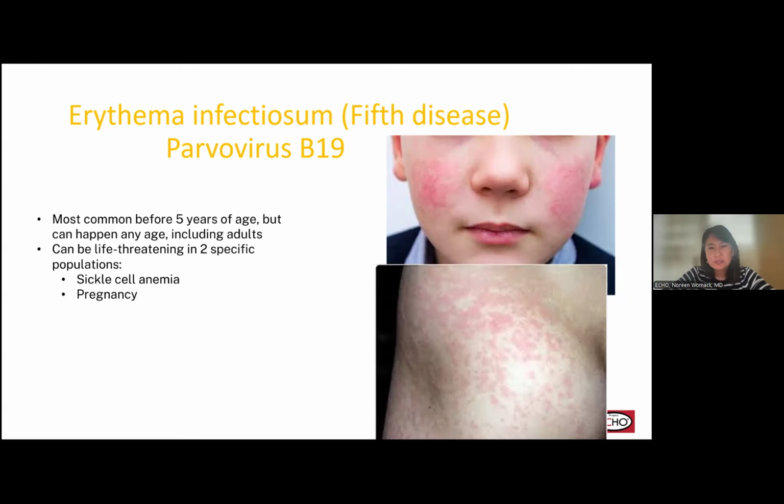The other reason it's important, because we don't have a lot of sickle cell here in Idaho, but we do have a lot of pregnant women, is that if the fetus gets a parvovirus B19 infection, they will get bone marrow suppression and anemia, which causes significant heart failure in the fetus. So when you see fifth disease, you need to let the family know to alert anybody they might be in contact with that is pregnant.